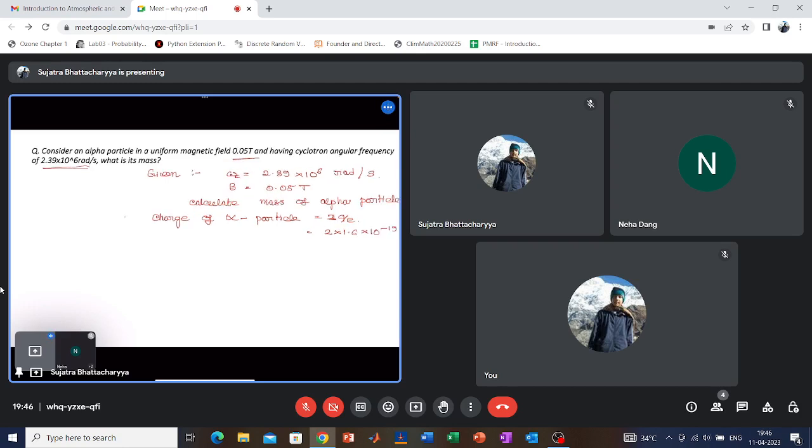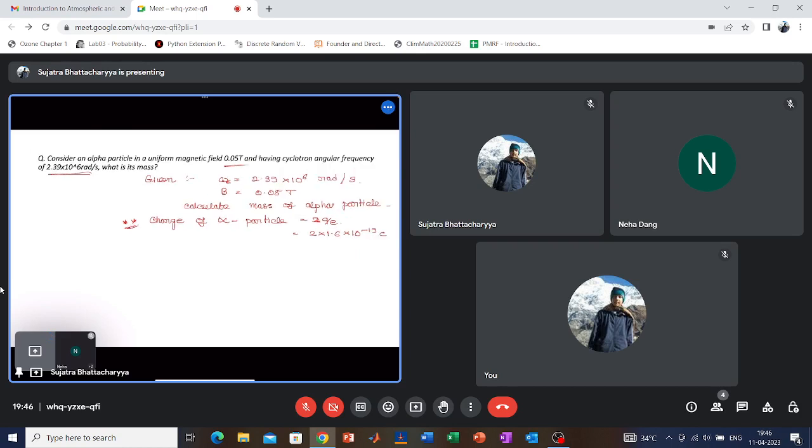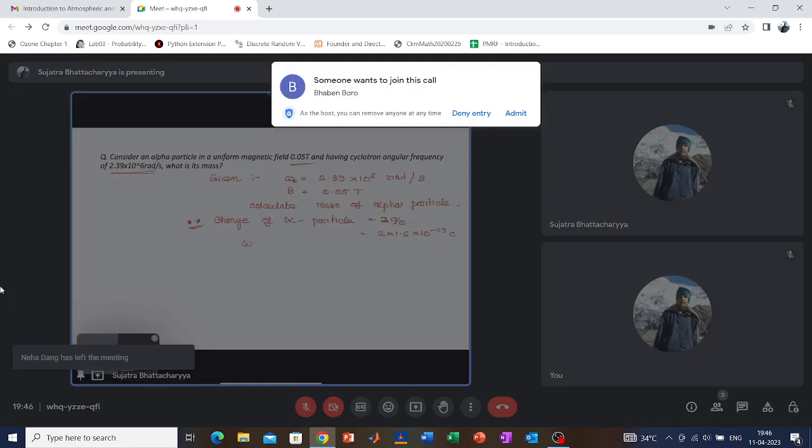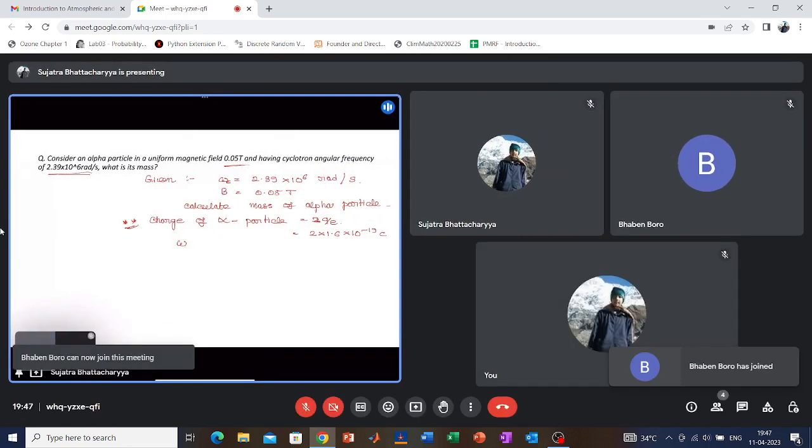This we need to know. Okay. Now, what is the expression of the omega c? So the expression of the omega c is actually QB by M. Therefore, the charge we have already seen that it is 2 times QE. Therefore, just put the expressions and find out the M. So M will be QB by omega c.